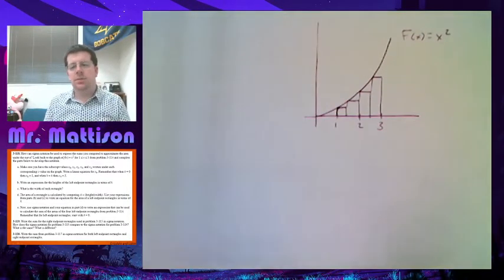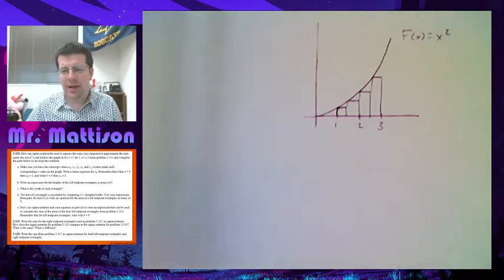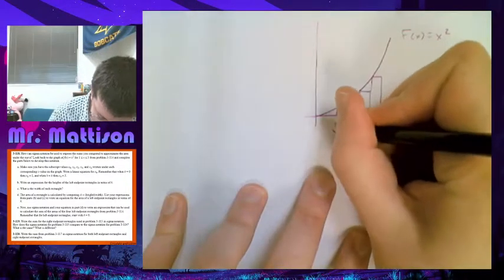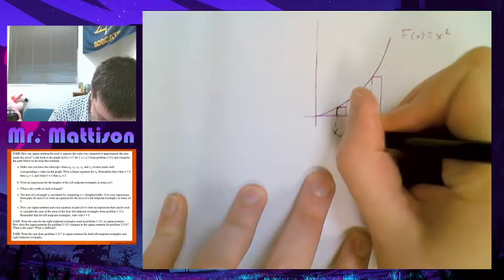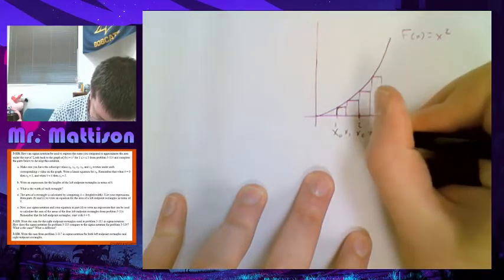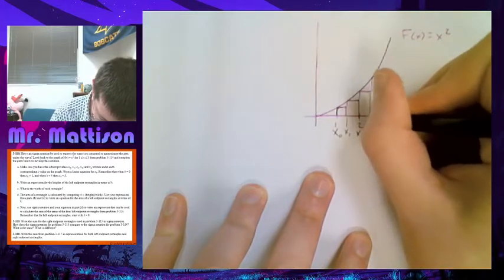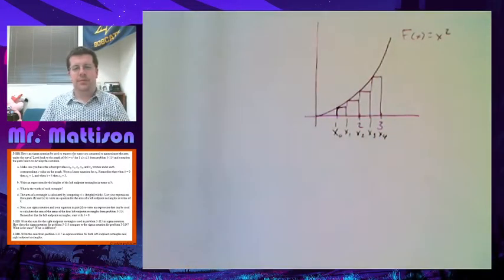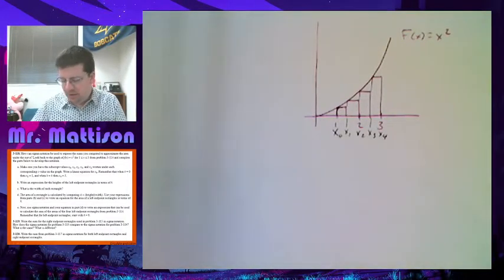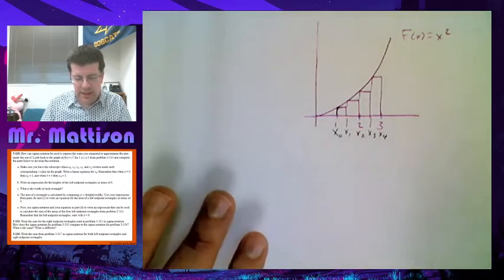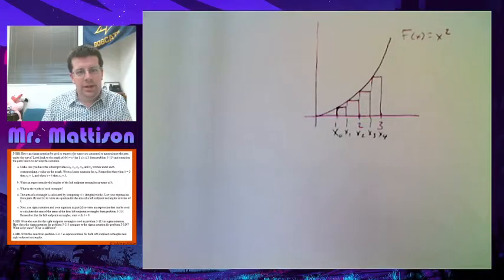So how can we do this now? We're going to label these x sub 0, x sub 1, x sub 2, x sub 3, and x sub 4. What I want to figure out is what I was really adding up: a bunch of rectangles, which was the width times the height.